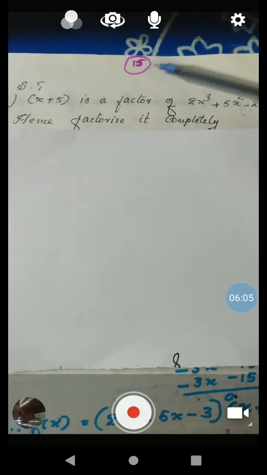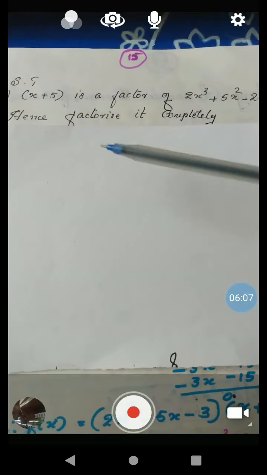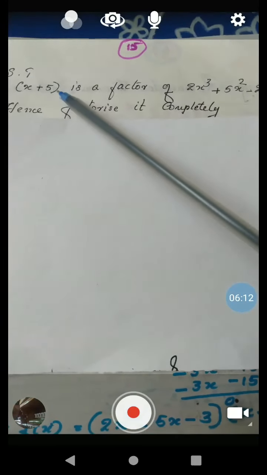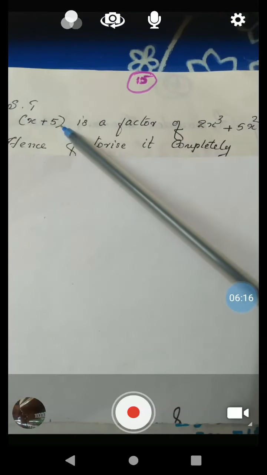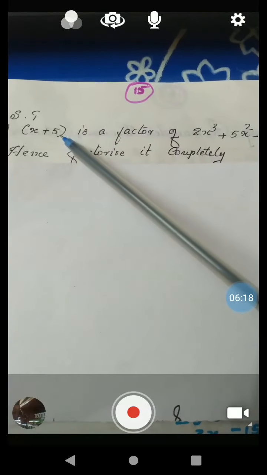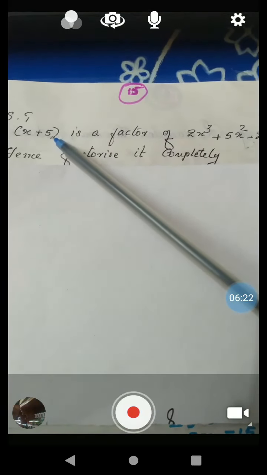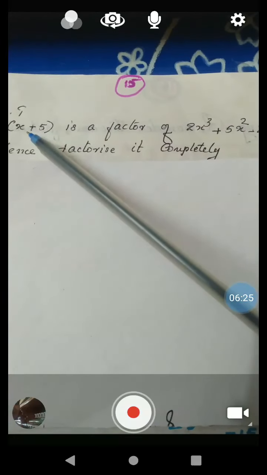By factor theorem. You have to prove f of minus 5 is equal to 0. If you can prove f of minus 5 is equal to 0, we can write, since f of minus 5 is equal to 0, therefore x plus 5 is a factor of this expression. That is the factor theorem.